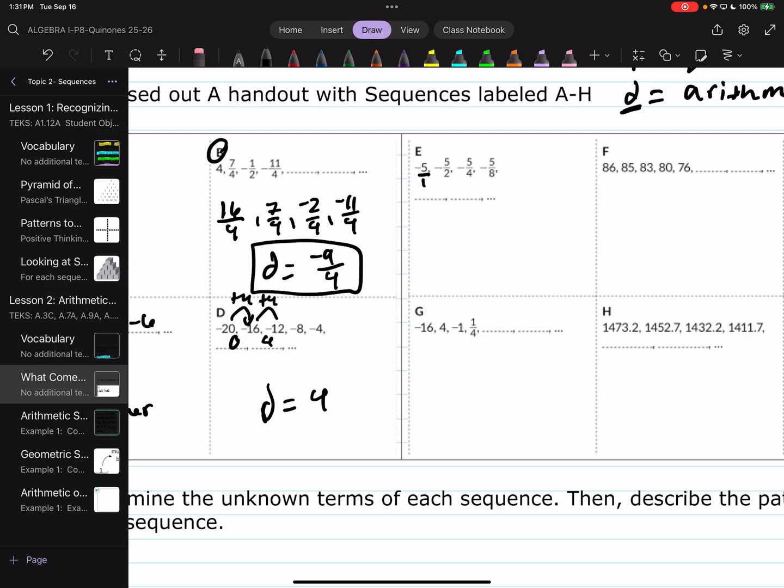What am I either adding or multiplying to get to the next number? What is this one? Yes.